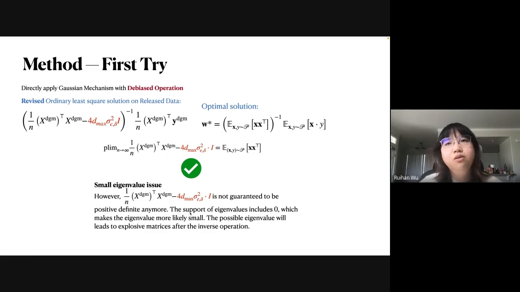The X here is a random matrix, and the support of its eigenvalues includes 0, which makes the eigenvalue more likely to be very small. And this possible small eigenvalue will lead to explosive matrices after the inverse operation.